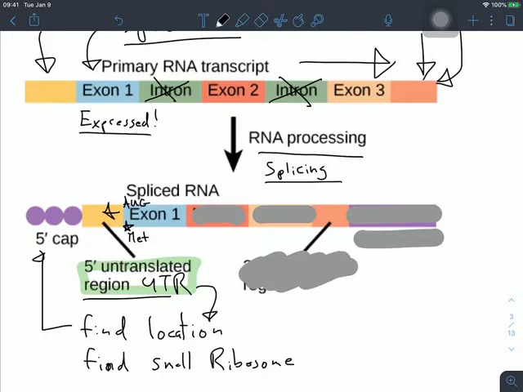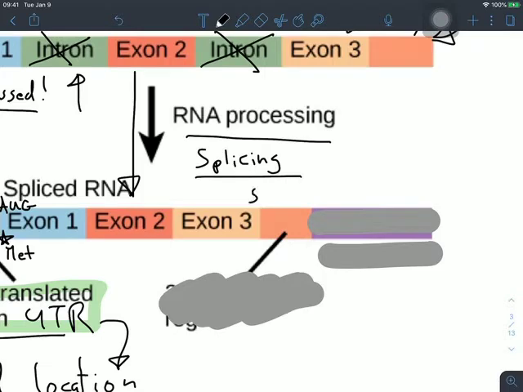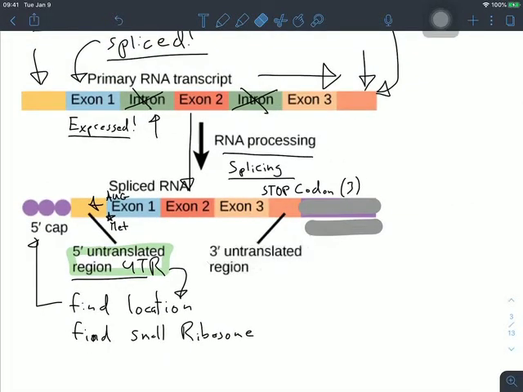After exon 1, you'll notice that intron 1 has been removed and exon 2 is adjacent to exon 1. After exon 2, you'll see that exon 3 has been placed adjacent to exon 2, removing that second intron. After exon 3, which will end in the stop codon, of which there are 3 different types, you will find a 3' UTR, or the tail end UTR.